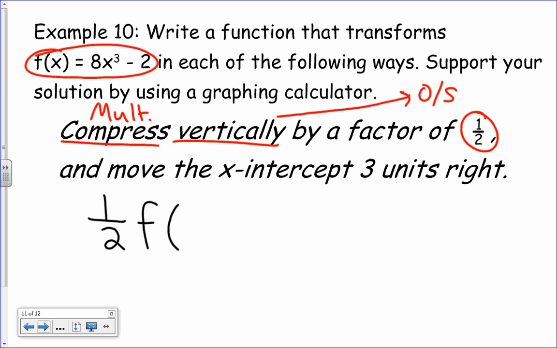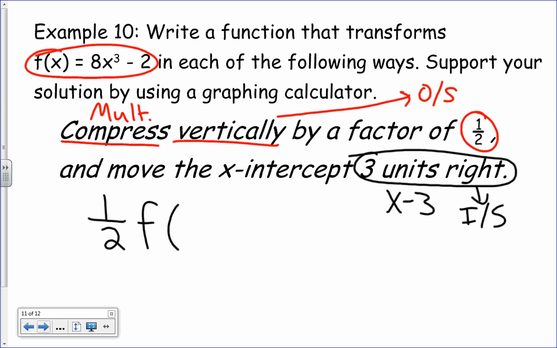That's really not important. It says move it 3 units right. X -3, where at? Inside or outside? Inside. Right is horizontal. So x -3 on the inside. What that's telling us is multiply the whole thing by 1/2, put x -3 in parentheses where the x is.